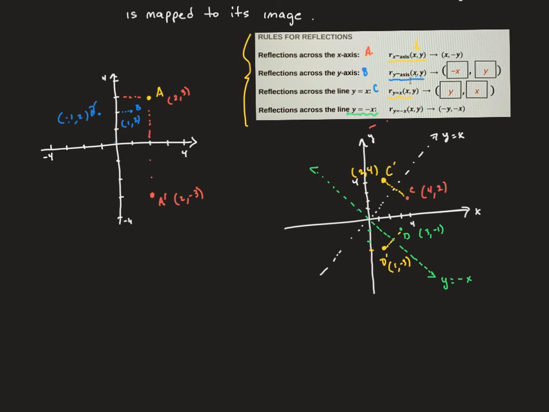So there you have the basic rules of reflections and mapping, and this will become more familiar as we practice it. Those are the basic coordinate plane reflection rules.